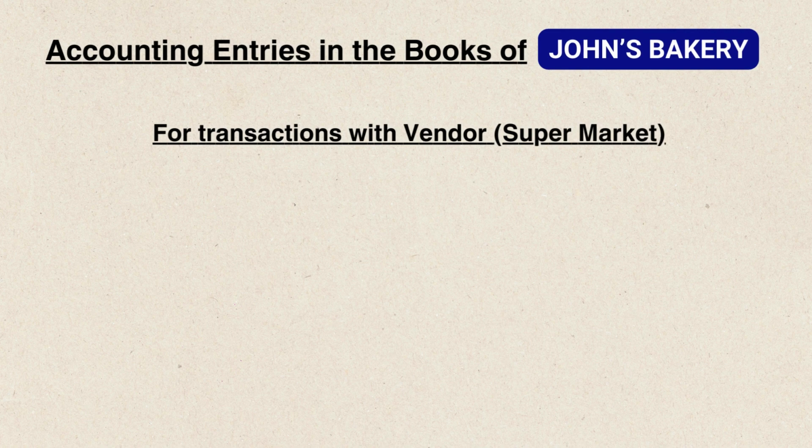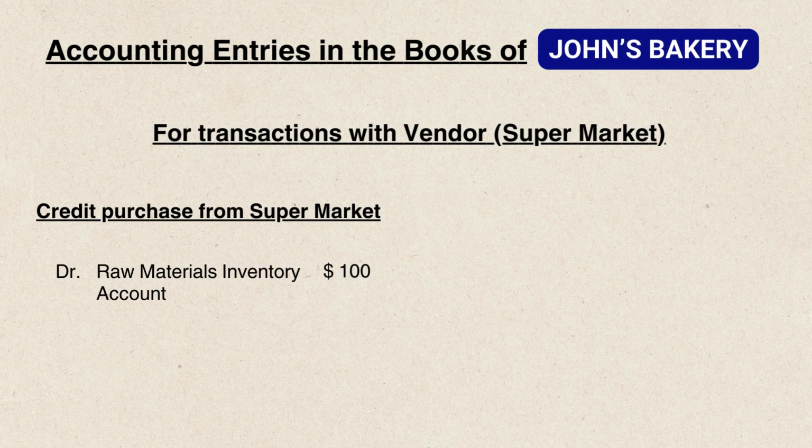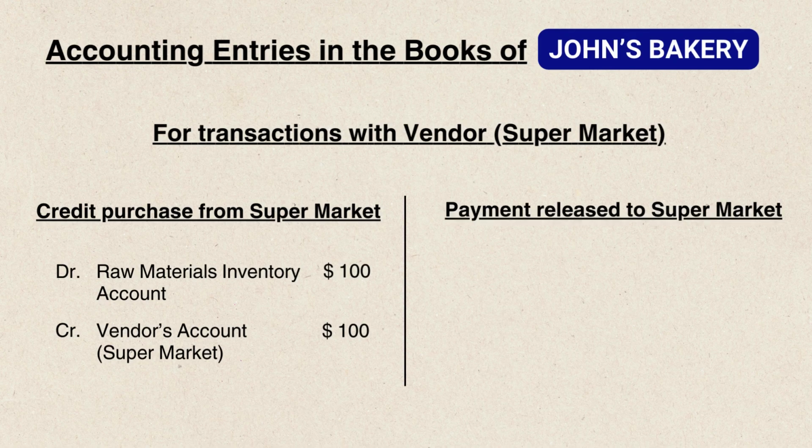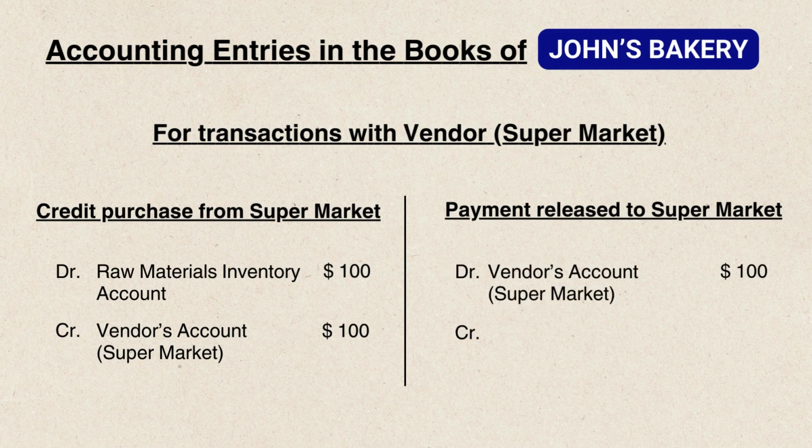Now, let's look into the accounting entries in the books of John's bakery for the transactions with the vendor, that is the supermarket. For credit purchase from supermarket, debit raw materials inventory account, $100 and credit vendors account, $100. Then, for the payment released to supermarket within 15 days, debit vendors account $100 and credit cash or bank account, $100.